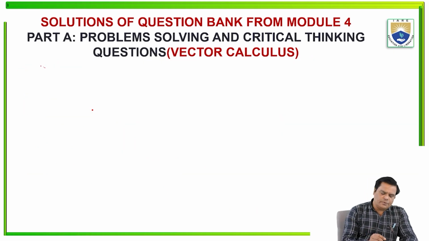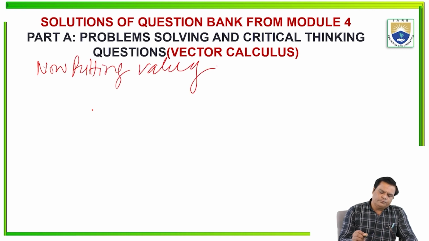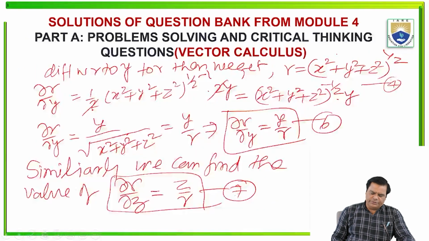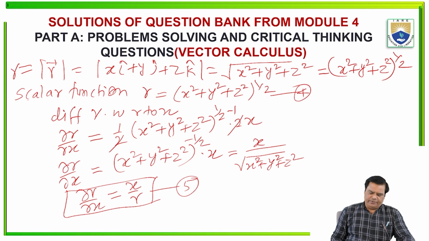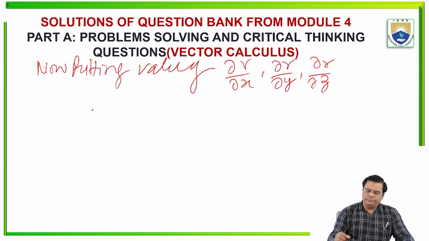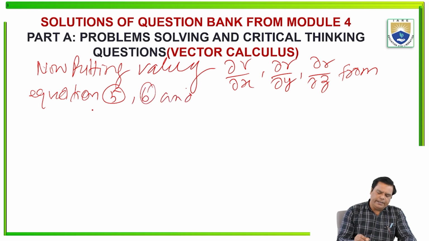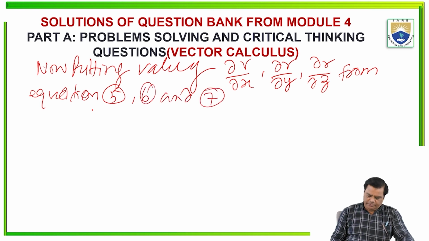Now putting the values of ∂r/∂x, ∂r/∂y and ∂r/∂z from equations 5, 6 and 7 in equation 9.